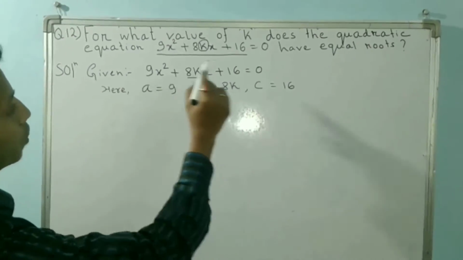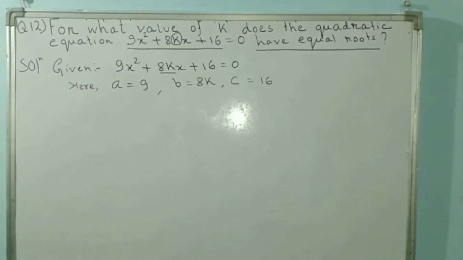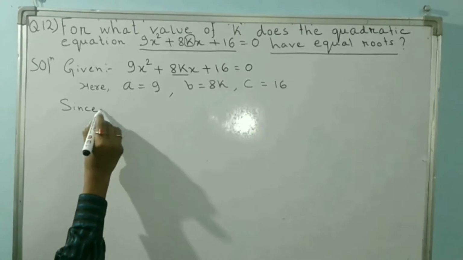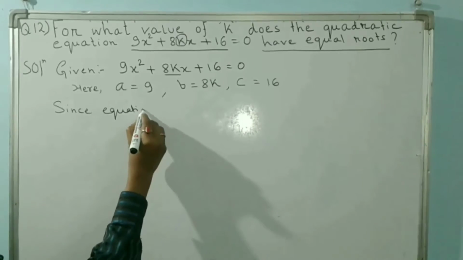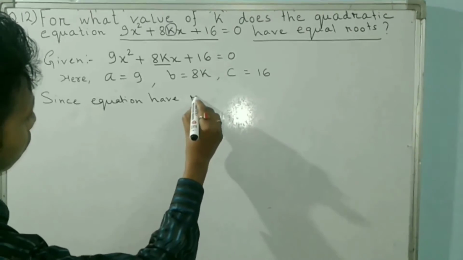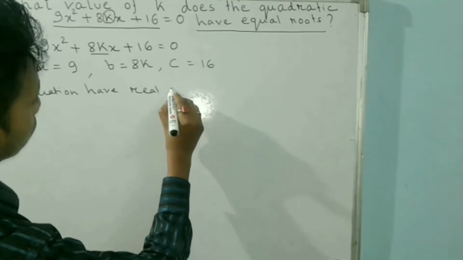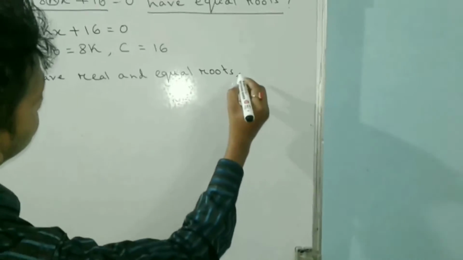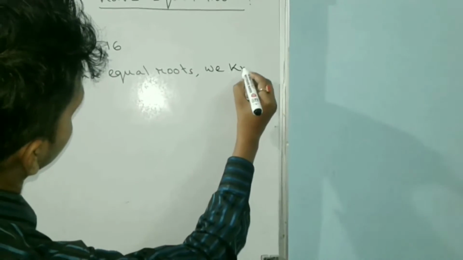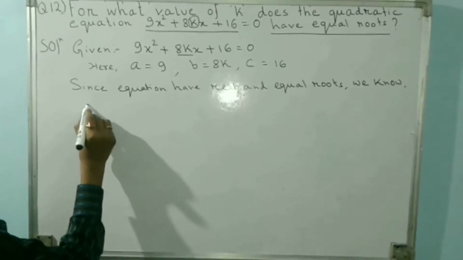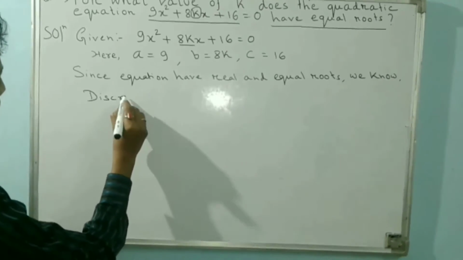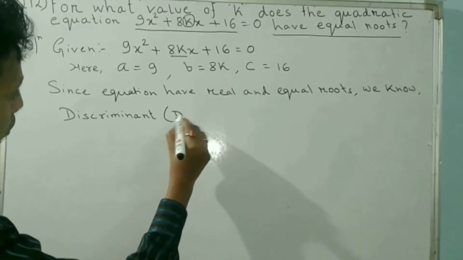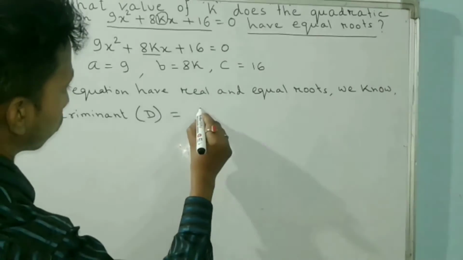Now since it is said the equation has equal roots, when a quadratic equation has real and equal roots, what we know is that the discriminant, in short we write D, equals to 0.